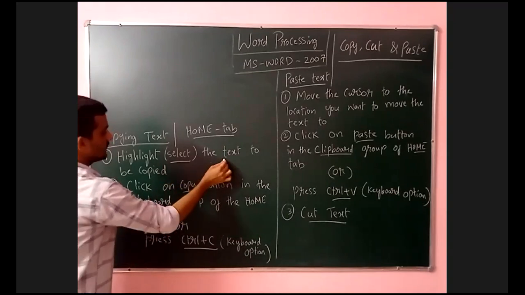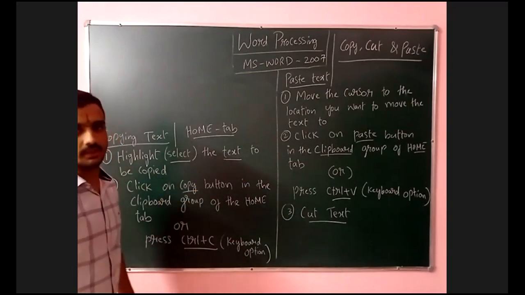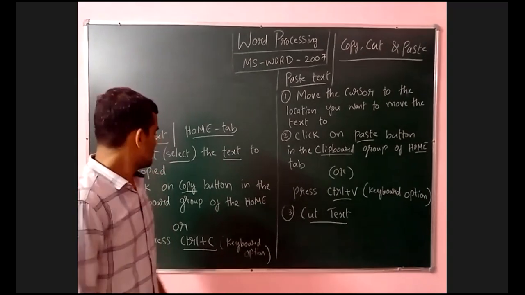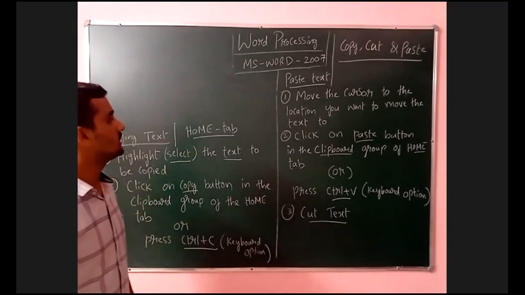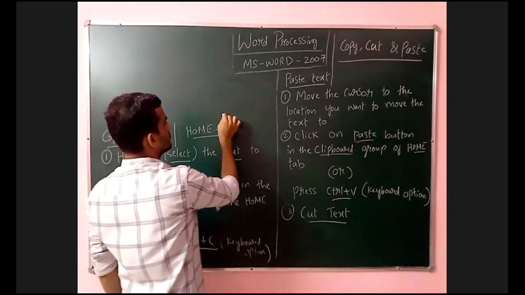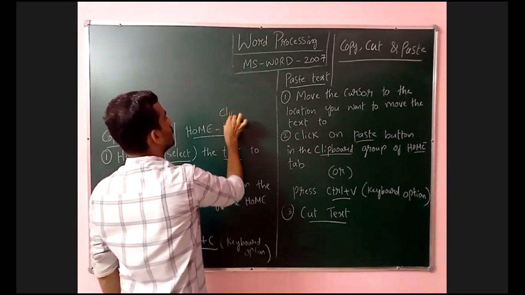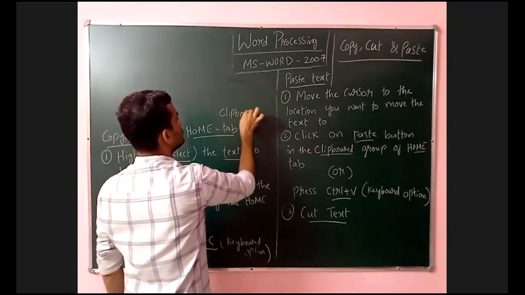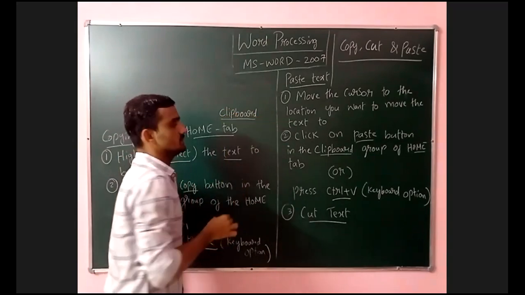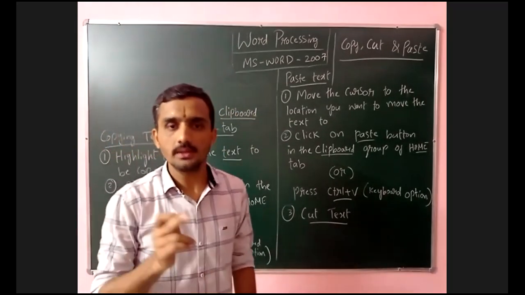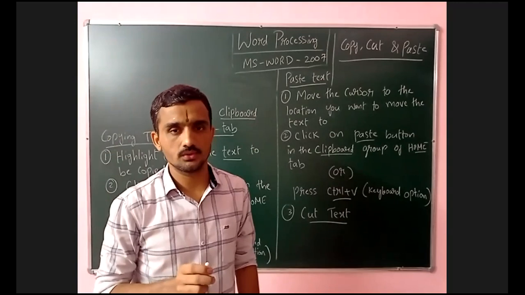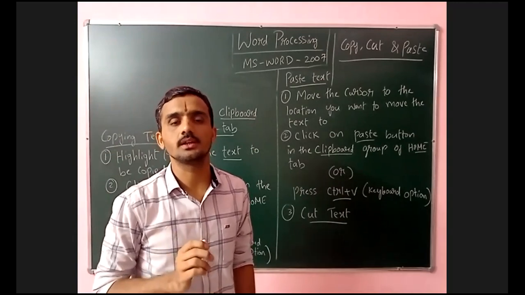Once we select the text which we want to copy, the next step is, in the home tab we have the option called clipboard. This is called a group. Home tab, clipboard group. We have to make use of these technical words.